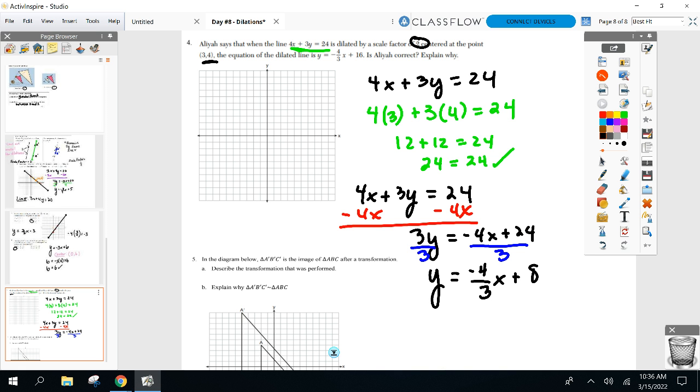The answer should be negative 4/3 x plus 8 because the point was on the line. Is she correct? No, not correct. This should have been my answer here. The same line I started with.